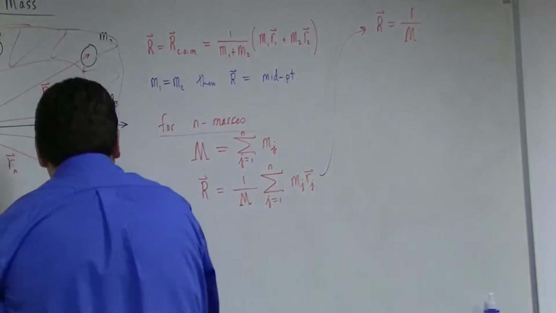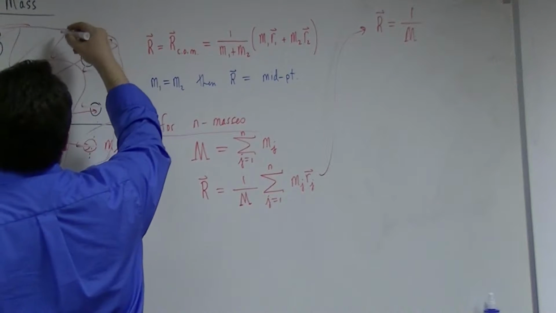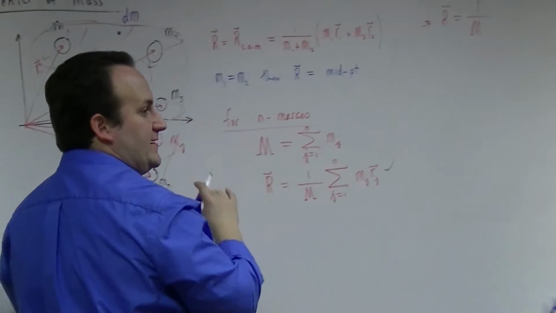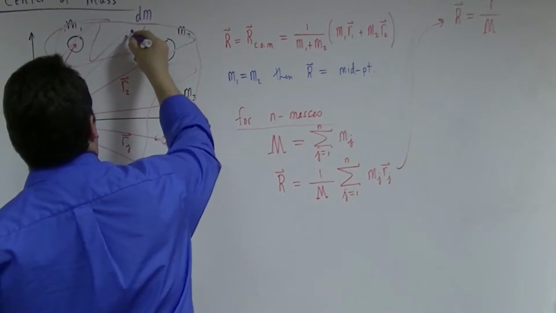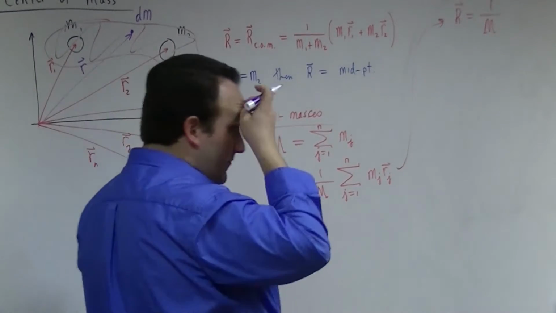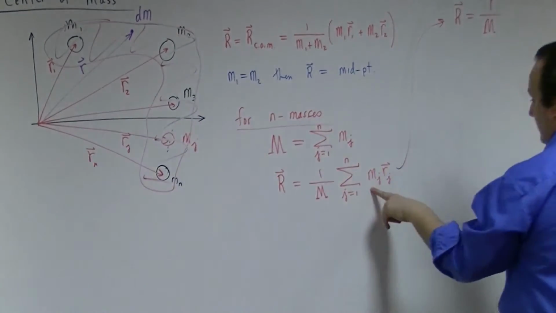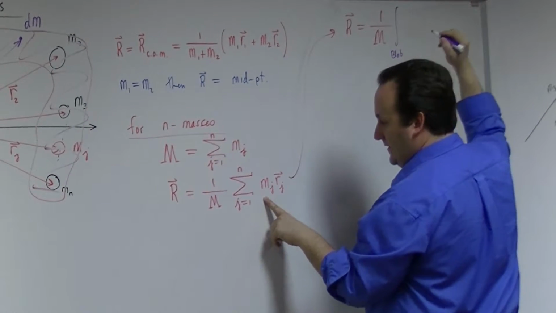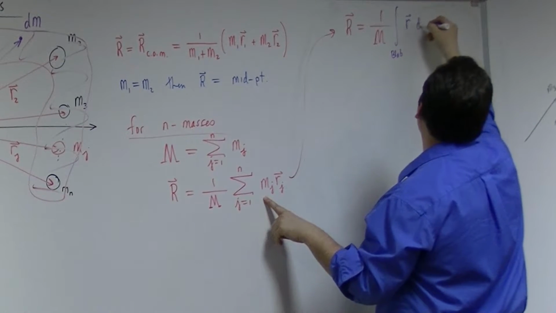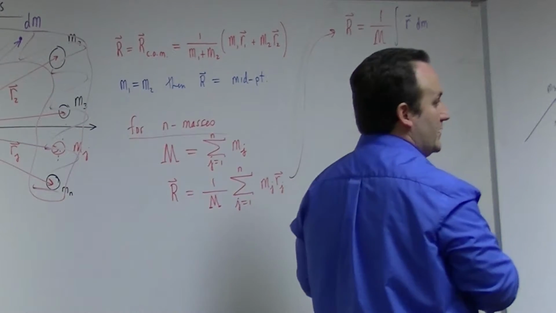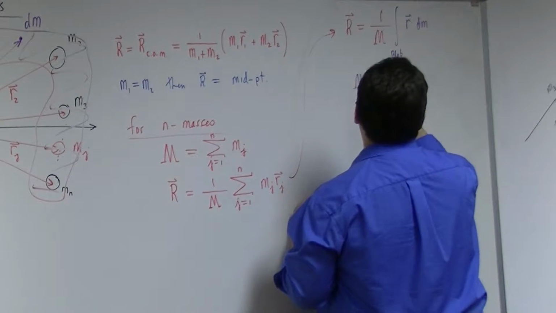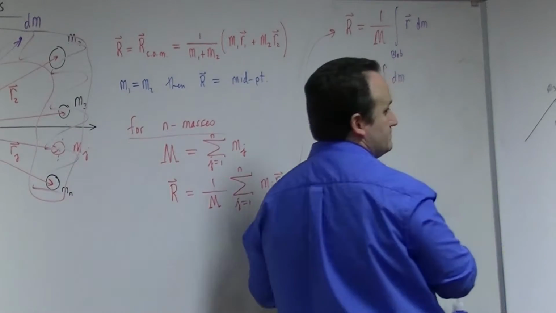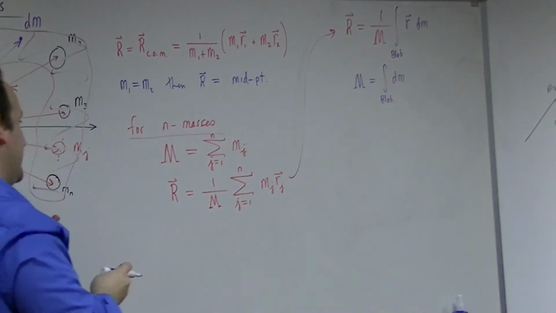Heuristically speaking, instead of thinking about M, you can think about dm, the infinitesimal mass at some position vector, let's say R. What this becomes is the integral over the blob of R dm, where the total mass is the integral over the blob of dm. So the finite sums become integrals.